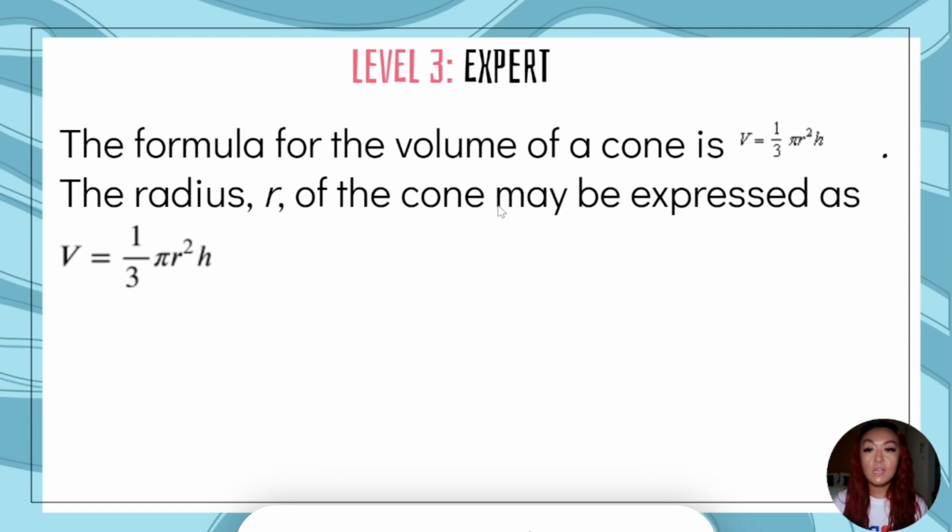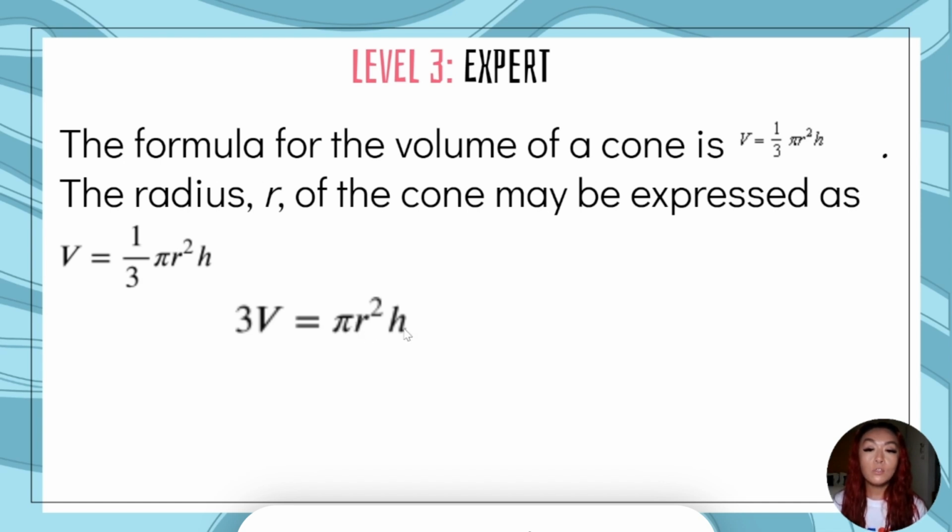Now, the first thing that you always want to do here is get rid of your fraction, right? Let's get rid of that 1/3. So we'll multiply both sides by 3, because 1/3 is the same thing as dividing by 3. So the inverse operation of that is multiplying by 3. And we get 3V equals pi r squared h.